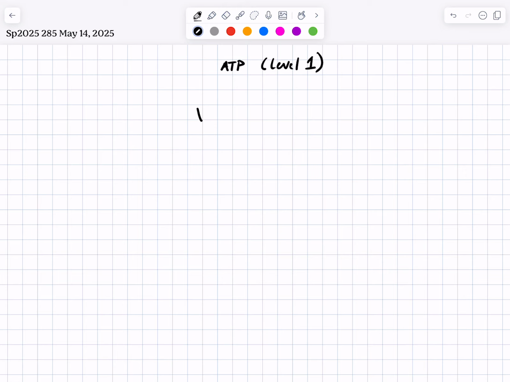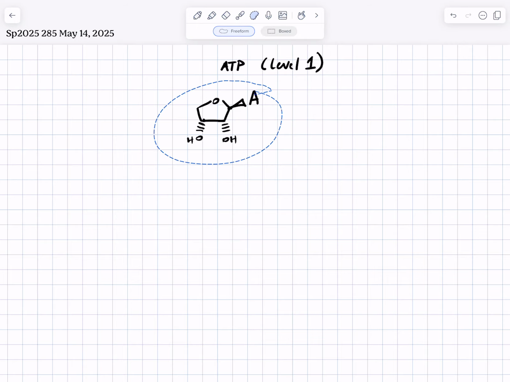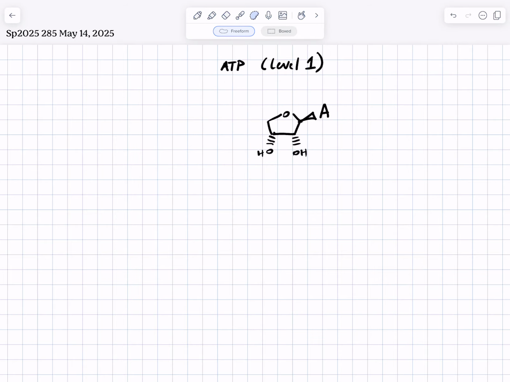So in ATP, you've got a 5-membered ring containing oxygen. And then I'm going to abbreviate the structure of ATP with the letter A there. That stands for the adenine base, which we'll see later today. I'm just not going to draw it. That's the A in ATP.